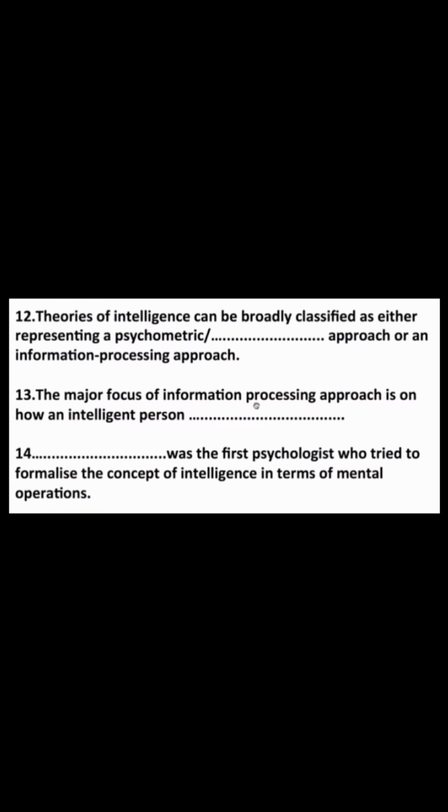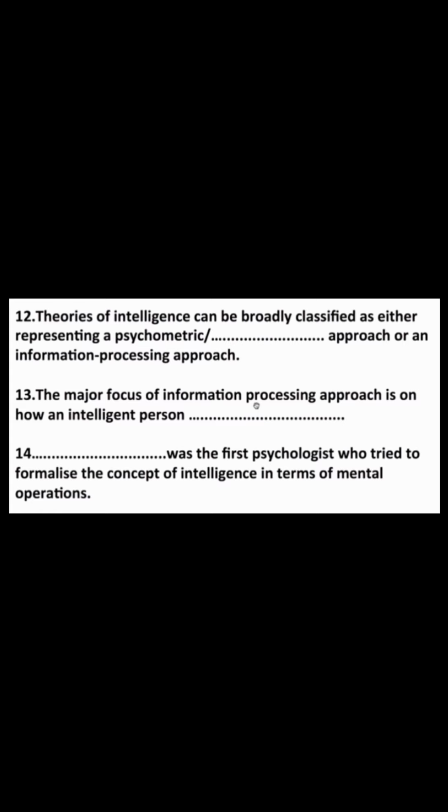Okay students, now the next statement is asking you about the theories of intelligence. You must have already studied two types of theories of intelligence: information processing approach and psychometric approach. Now see, children, psychometric approach focuses on the structural aspect of the intelligence, that is what intelligence is made up of, whereas information processing approach focuses on how the person acts.